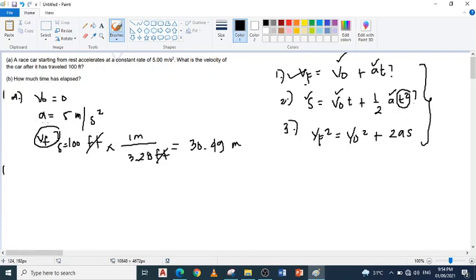Okay? So, applying yung second formula natin, that is S equals Vot, okay, time yan, plus 1 half a t square.